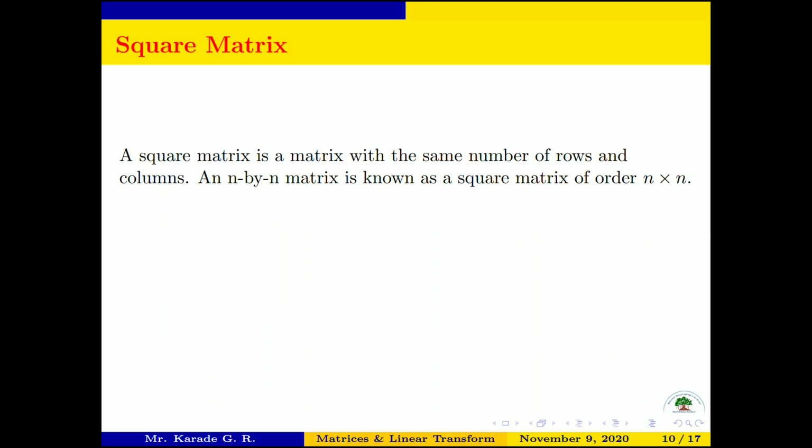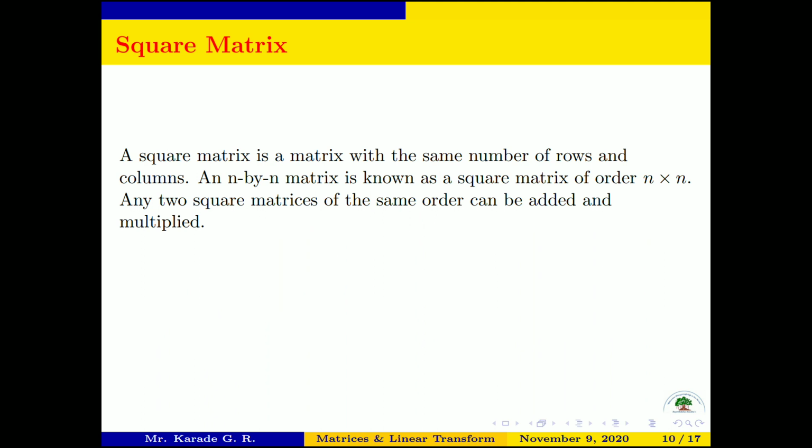A matrix having order n by n is known as a square matrix of order n by n. Any two square matrices of the same order can be added and multiplied.